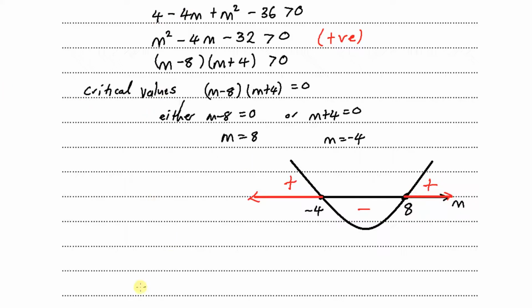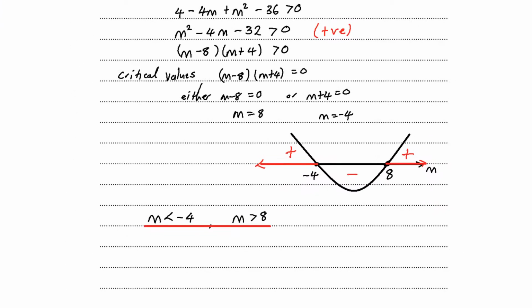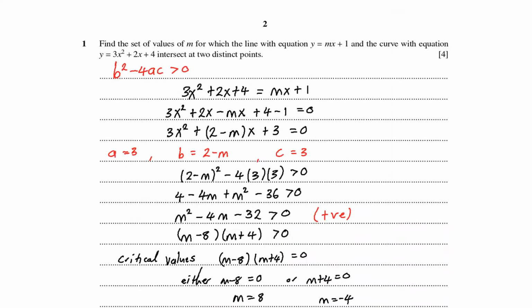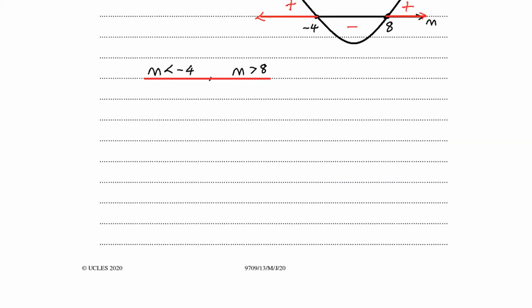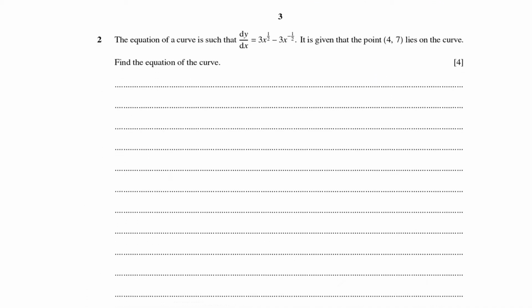So we can write down the solution that m is less than minus 4 and m is greater than 8. And these are the two solutions as required here. So that's how we do it with question number 1. Let's scroll down to question number 2.